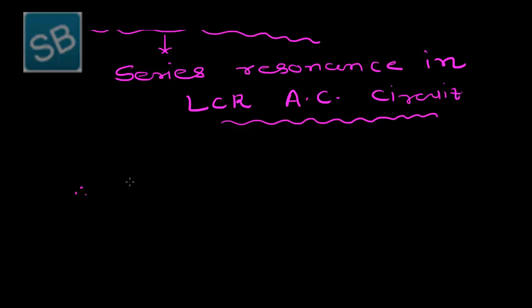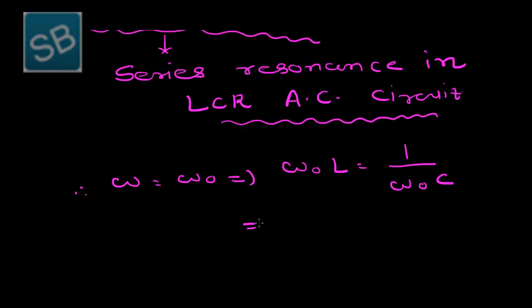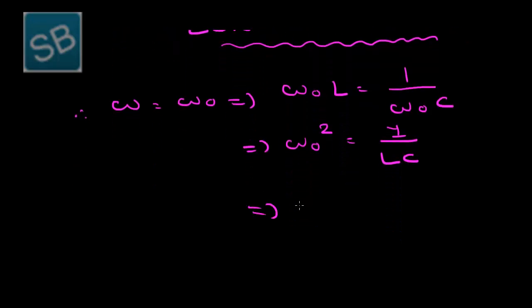Now, if you remember, at omega equal to omega 0, we obtained one condition: omega 0 L is equal to 1 over omega 0 C. That implies omega 0 square is equal to 1 over LC, and if I want to find the angular frequency first of all, I take the square root on both sides. Then my angular frequency omega 0 is equal to 1 upon under root LC.